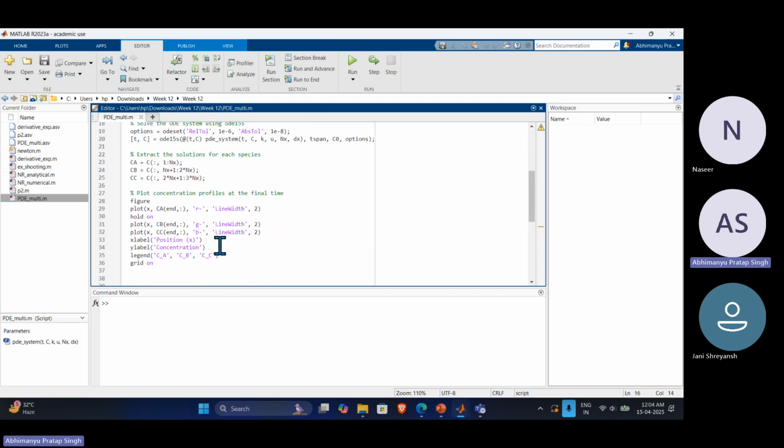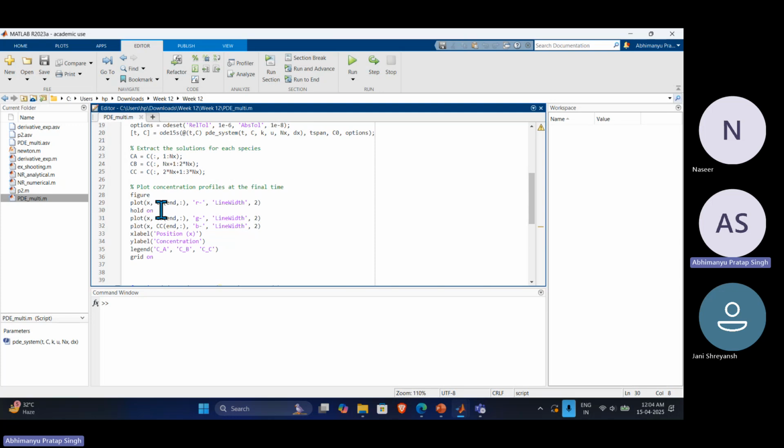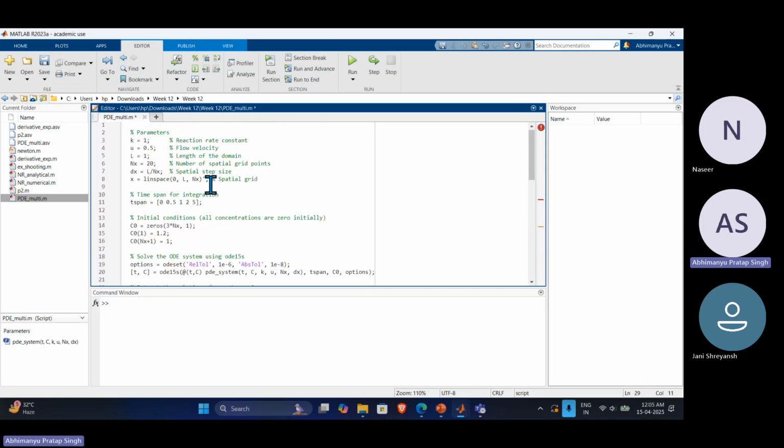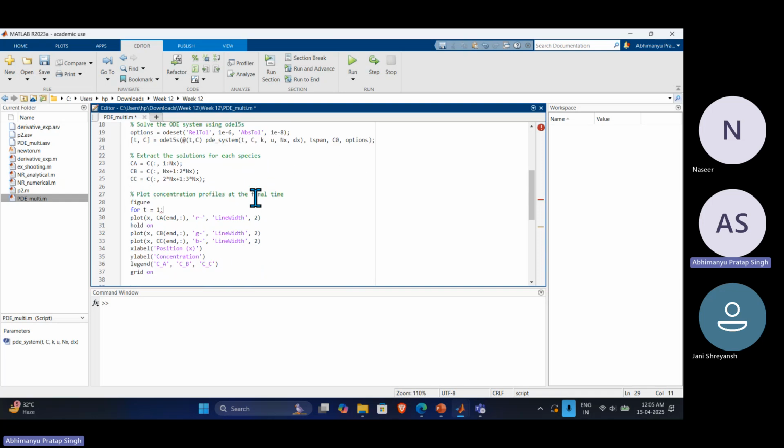I can run this in a loop and plot for all the time steps, which is also very simple to do. So for t is equal to, I have 5 elements.